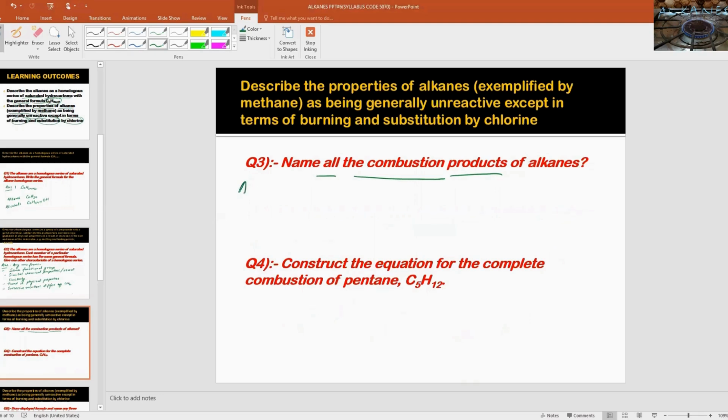So it will be carbon dioxide, carbon monoxide, steam or water, and unburned carbon.